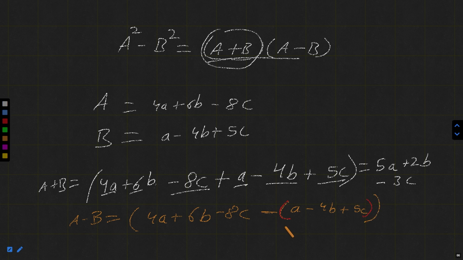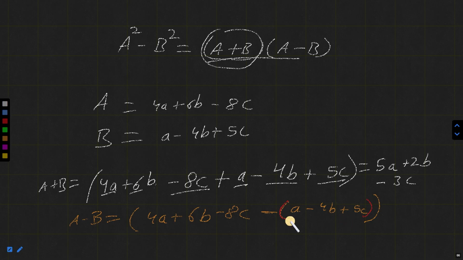Now if I remove this red bracket, then the sign of the terms inside will get changed. So here a is plus, then it will turn into negative. Here this is negative, it will turn into positive, and here it is positive, then it will turn into negative.